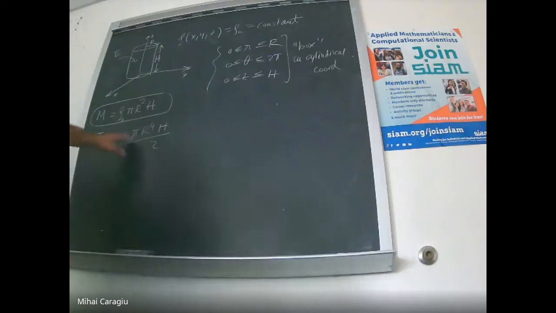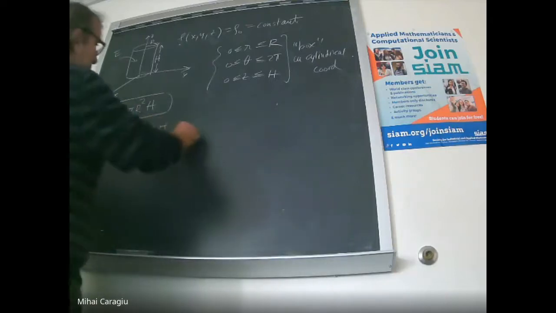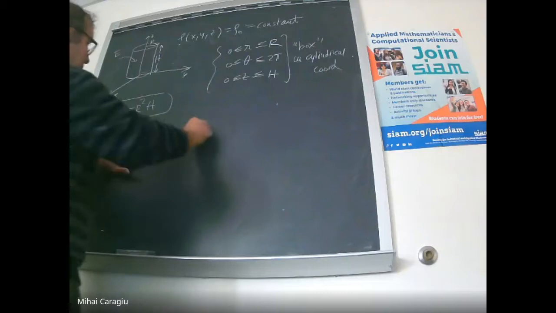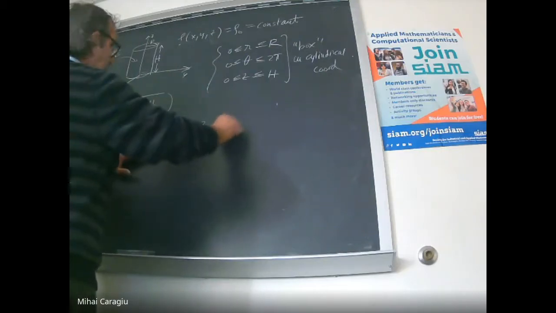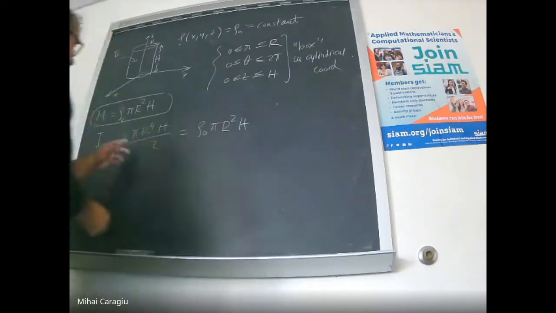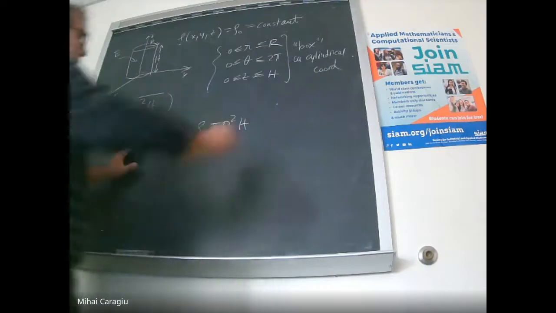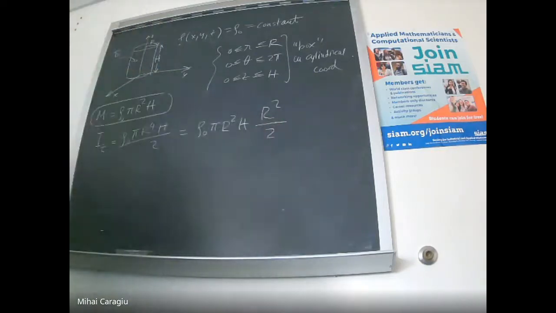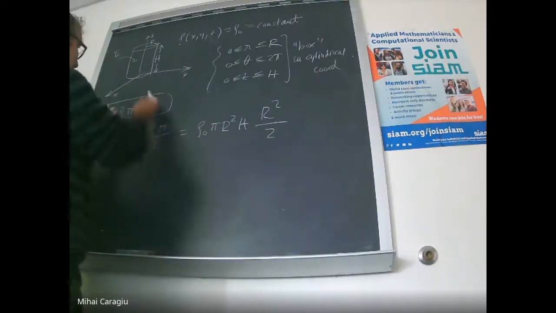Okay, so out of this rho 0 pi R to the power 4 h over 2, let's decouple rho 0 pi R squared h. What's left to get here? We need an extra R to the power 2 over 2, right? Why did we decouple this? We decoupled the mass.